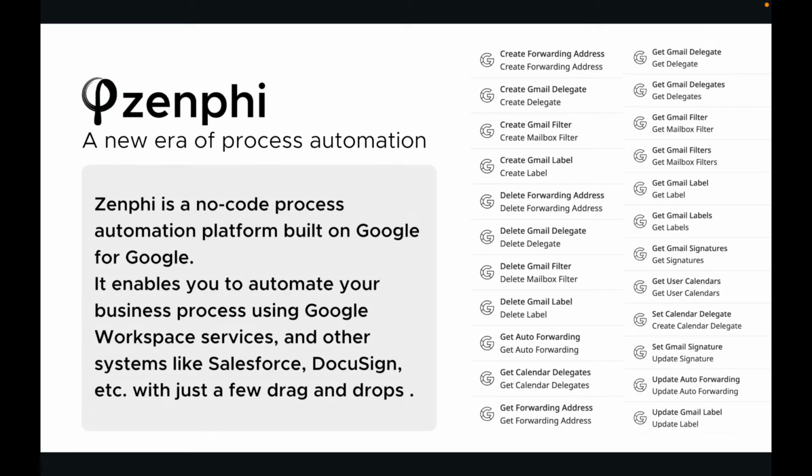Of course, you can use GAM or AppScript, but maintaining the code can be quite challenging as well. So today we're going to learn how to automate Gmail admin tasks with Zenphi. Zenphi is the only no-code automation tool built specifically for Google Workspace. With the very simple drag-and-drop interface, you and your team can build sophisticated workflows. There are dozens of powerful actions that you can use to free your time from repetitive tasks in the most efficient way.